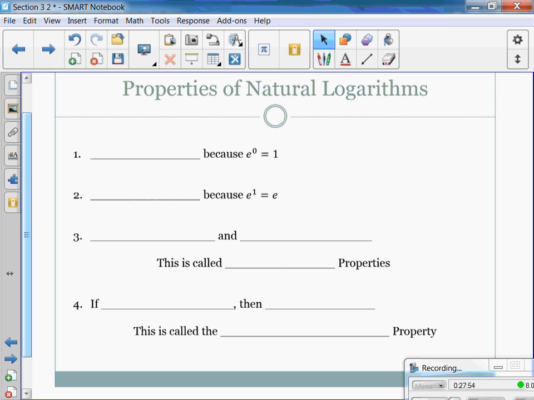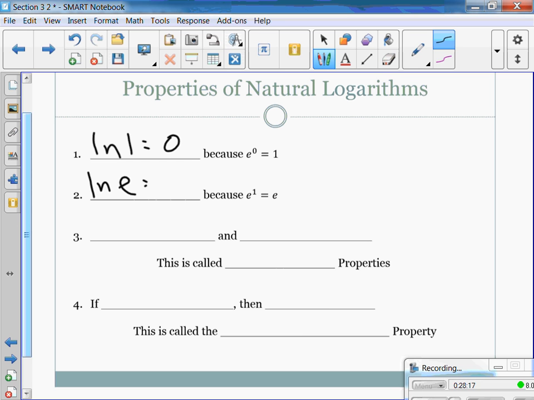Because it's saying e to what power gives me that 1? That's going to be e to the 0. And then we also have our natural log of e. Again, my understood base of e. E to what power gives me that e? Of course, that's going to be 1.